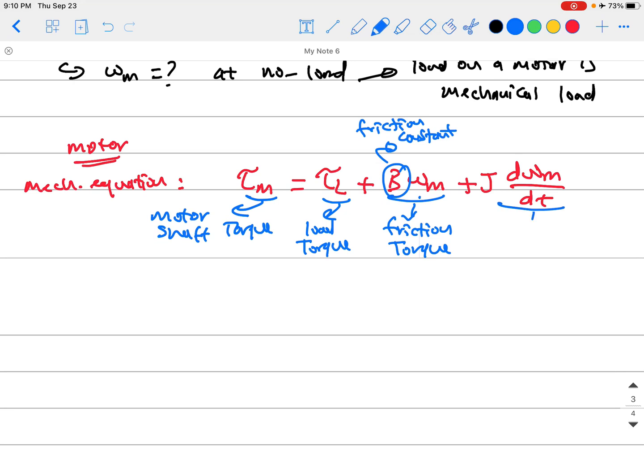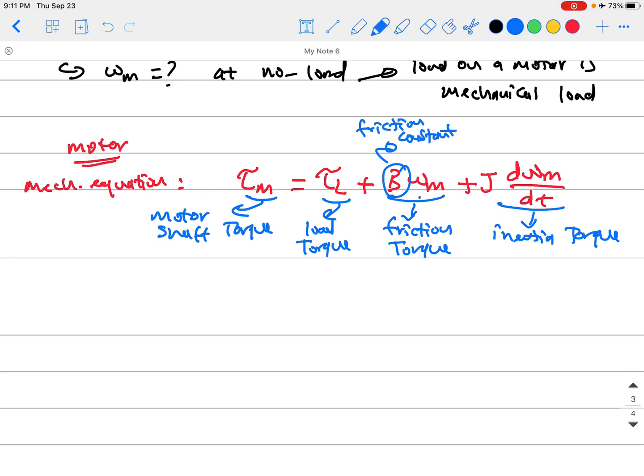And what about this term? We call it the inertia torque. You know the inertia. It means that any body with a mass, like the rotor or an attached load, whatever it is, will try to hold you back if you're trying to change its state from being stationary to moving.